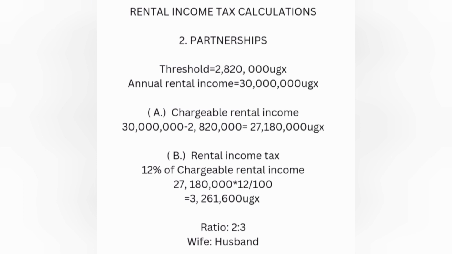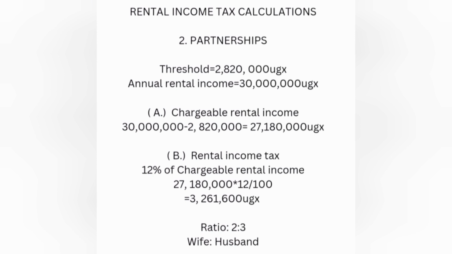So let's take the same example of 30 million as the annual rental income for that particular year. In example A, the chargeable rental income will be got by subtracting off the threshold.